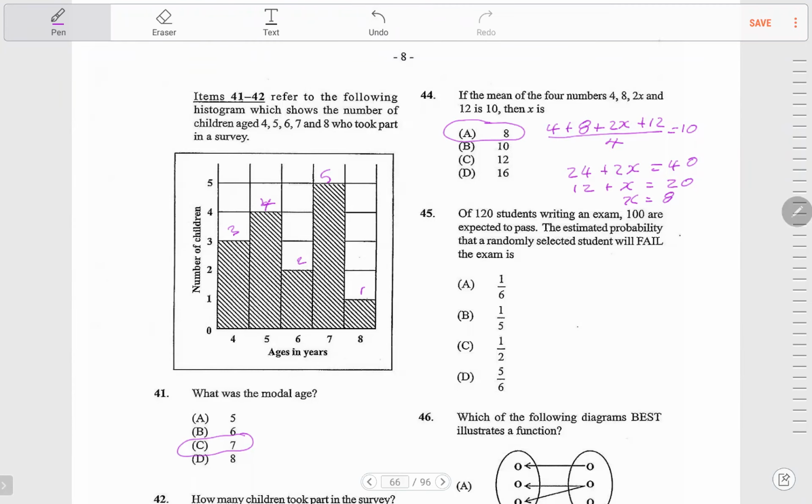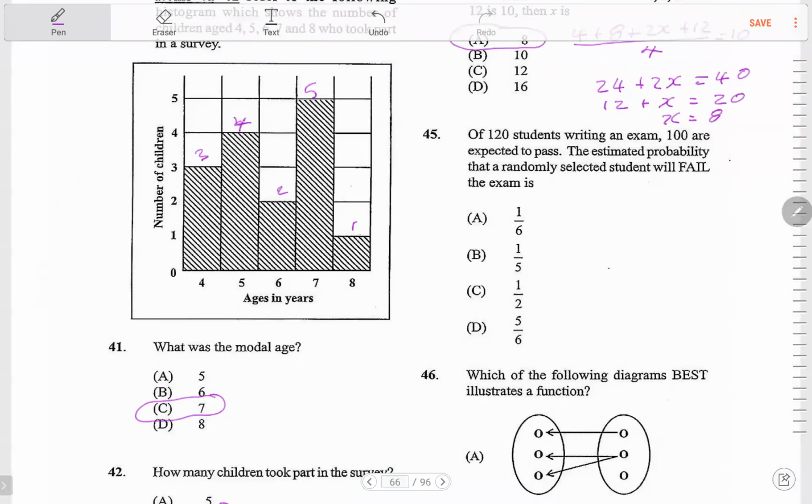Now this one. Of 100 students who write an exam, 100 are expected to pass. Of 120, the total is 120. 100 are expected to pass. They estimate the probability that a randomly selected student will fail. So if 100 will pass, then 20 will fail. 20 out of the 120.